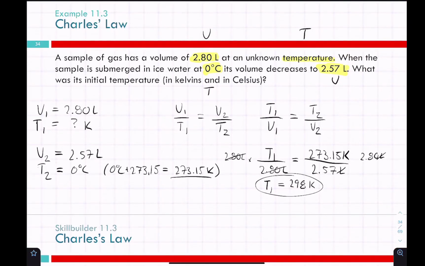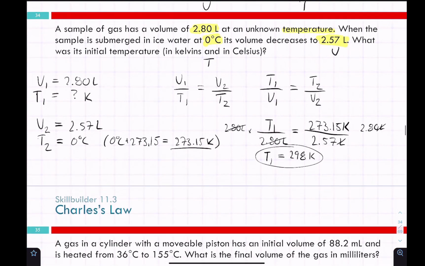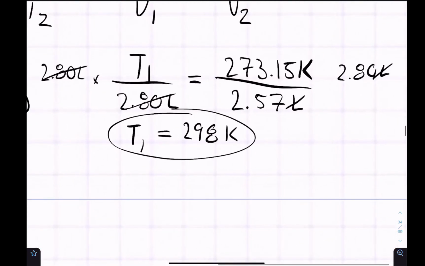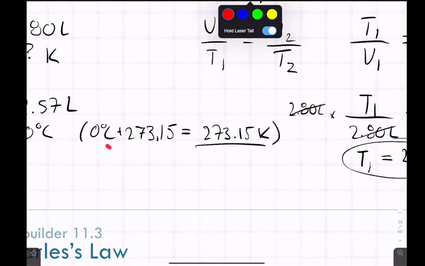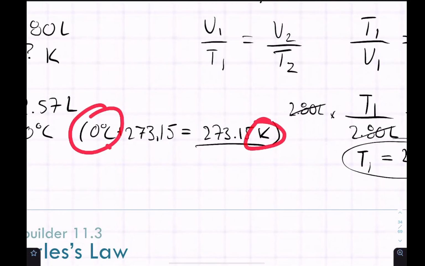Oh, yeah, if we wanted to find this in Celsius too. To go from Celsius to Kelvin, we add 273.15.